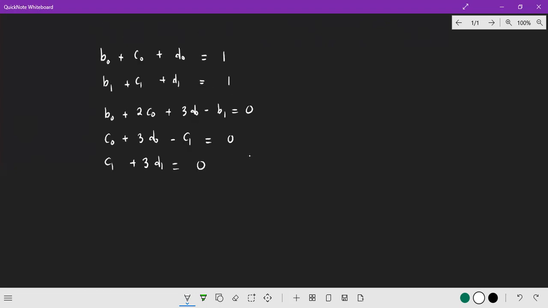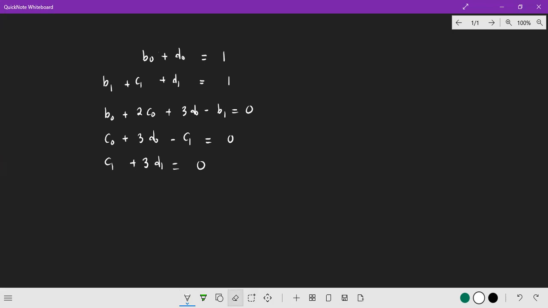For the Gauss elimination method, we're going to write this in matrix form. So here's the trick: let's write this in order. Let's start with b naught. In fact, we can simplify this further. You notice that we found c naught, so c naught is not there anymore, because c naught was found to be equal to 0. So this equation can be arranged as b naught plus d naught equal to 1.